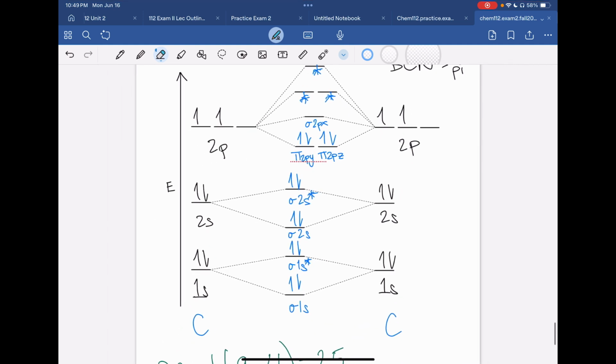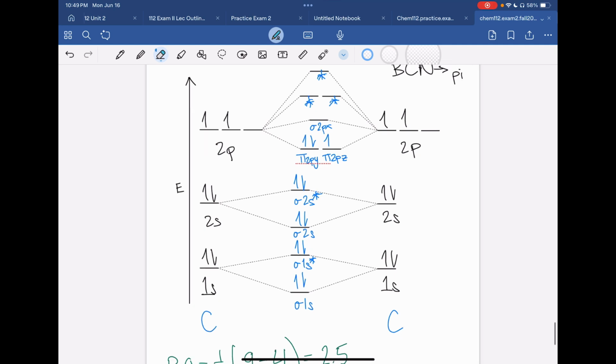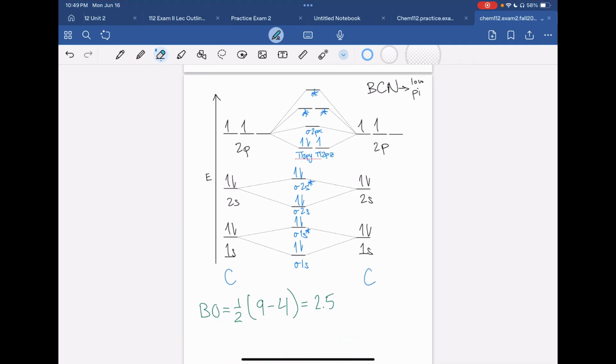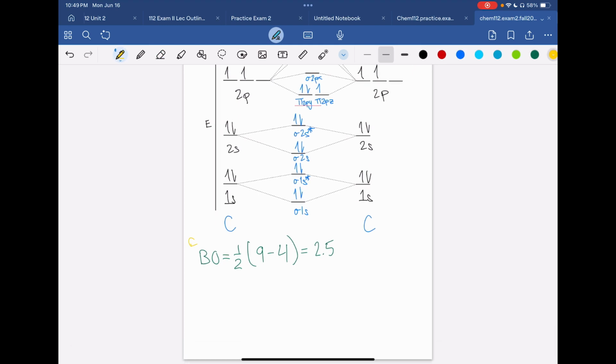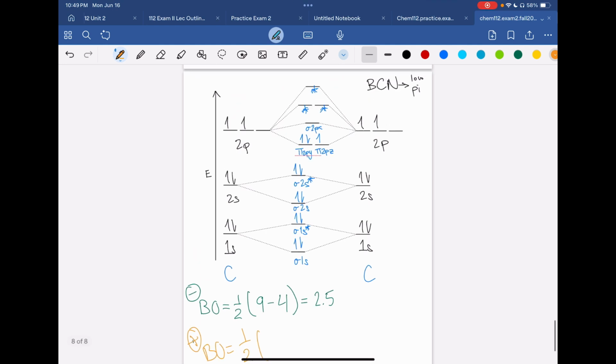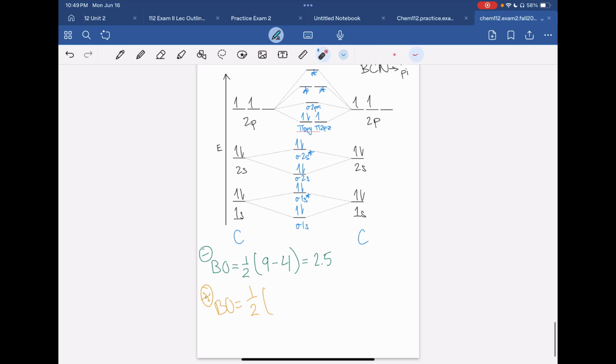Now let me erase that. If you erase this one, there's your carbon that lost an electron. So now we're doing the carbon if it was positive. This one's the one that's negative, it gained one. Now let's do the one that's positive. Your bond order is 1/2. Let's count them all up. 2, 4, 6, 7.